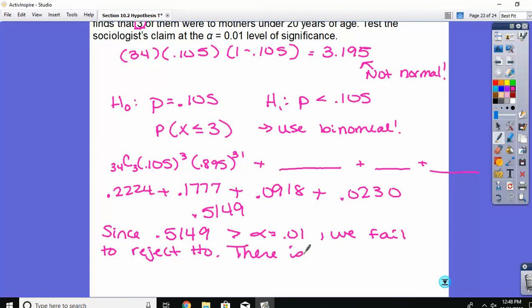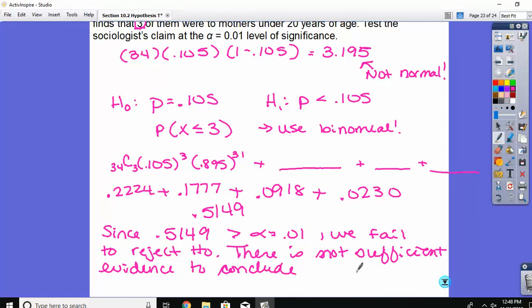There is not sufficient evidence to conclude the proportion has changed.